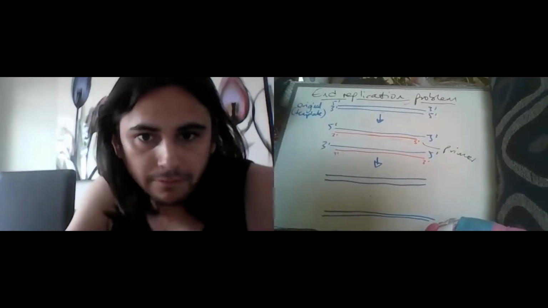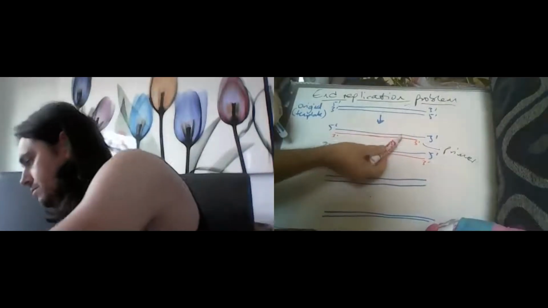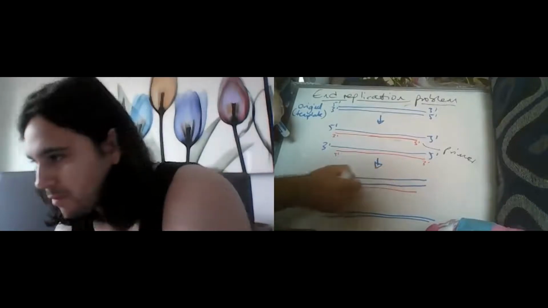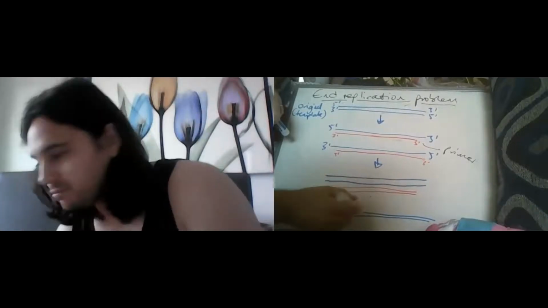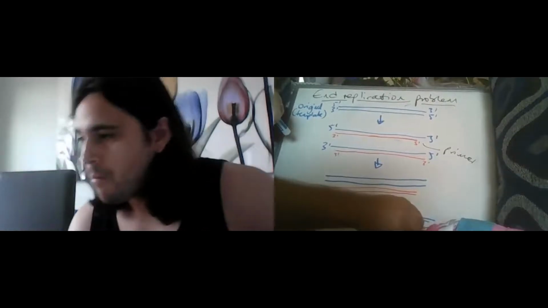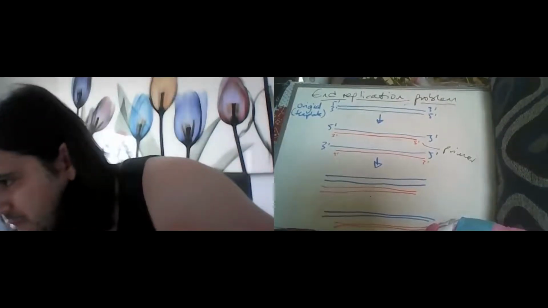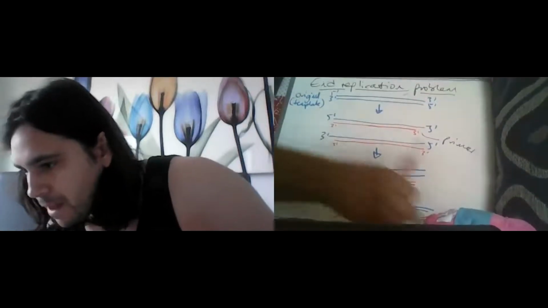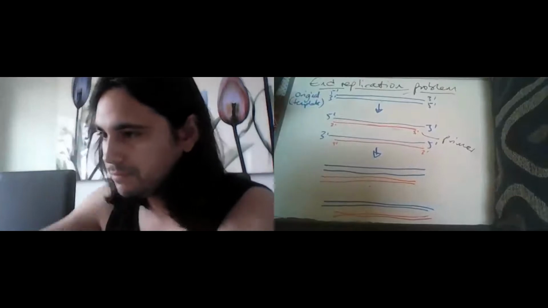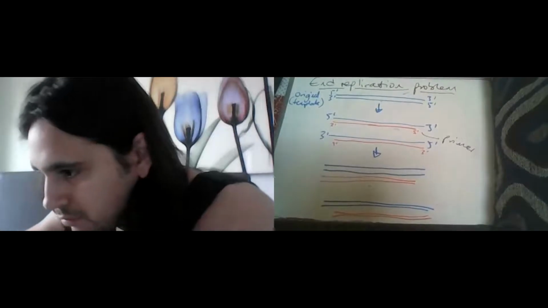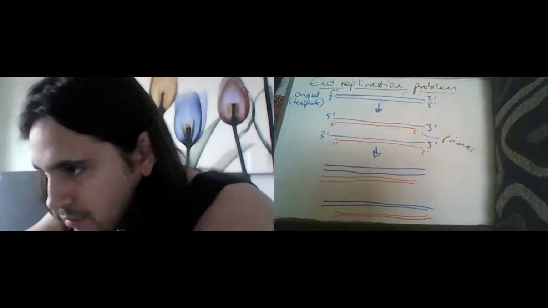And then you're going to have the other copies, which are going to be using these new strands, which are like so. And these are supposed to be the same length, it's just a little tricky to do. And so over time, your chromosomes will shorten by the length of the primer every round of cell division.